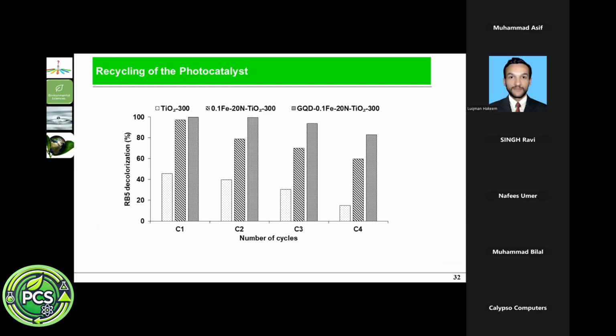No, we don't have after the cycle. But we should have the characterization of this material. Again, in the Pakistan scenario, every sample you have to send to the central laboratories, like in Peshawar or some laboratories in NUST or somewhere else. So that's the reason we were facing the limitations.